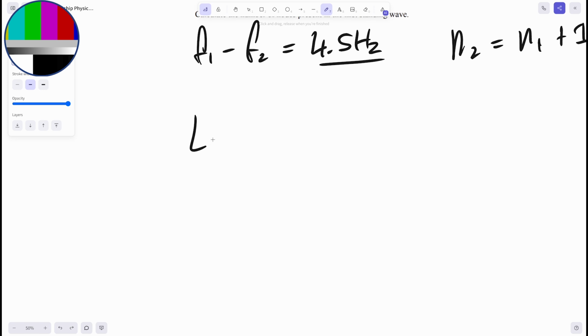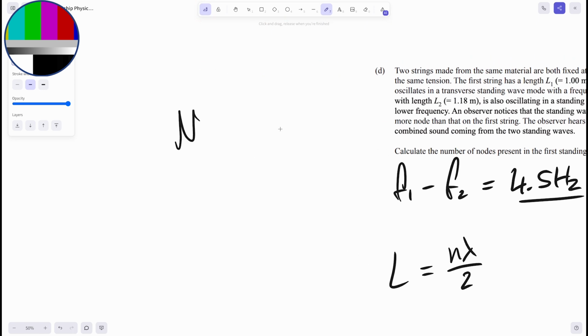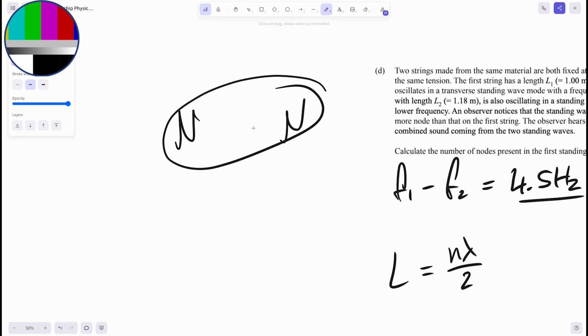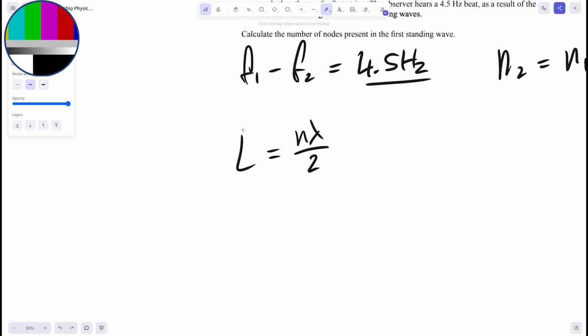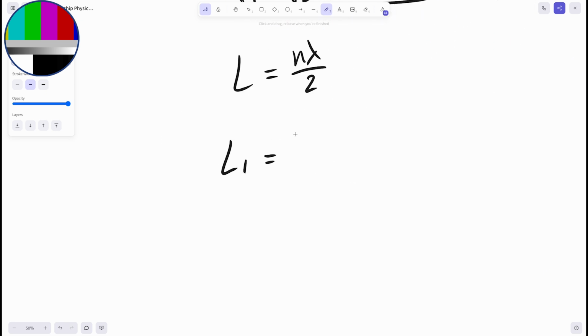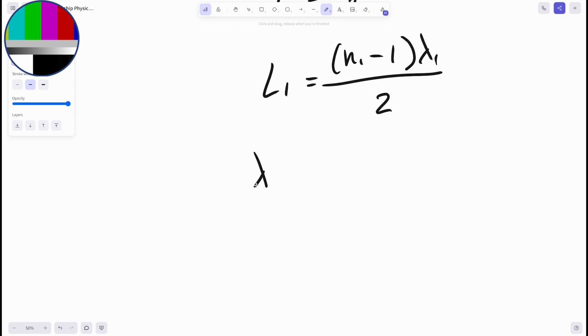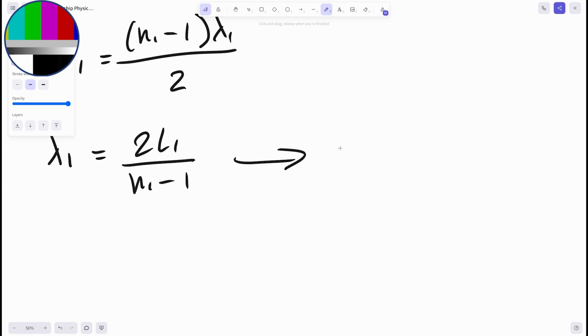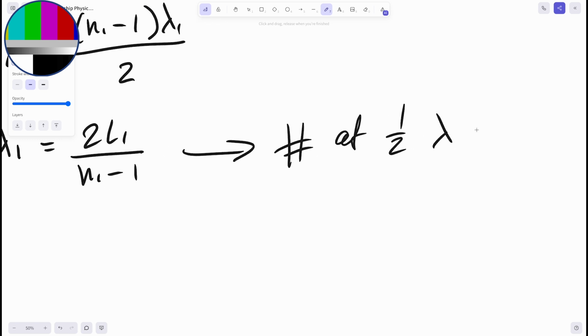And as L is equal to (N minus 1) lambda over 2, this is because we have nodes on each side, and therefore this is a half wavelength situation. Therefore our L1 is equal to (N1 minus 1) lambda 1 all over 2. Therefore our lambda 1 is equal to 2L1 all over N1 minus 1. So this is the number of half wavelengths in the first string.